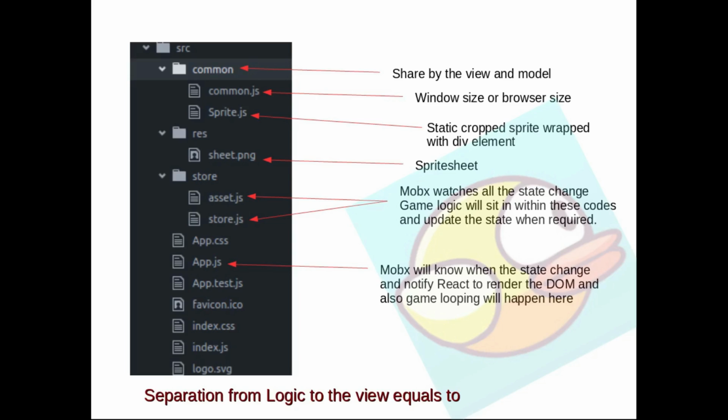So it doesn't know anything about the game logic, what position the bird is supposed to be, until mobx tells it that you need to render in this position.